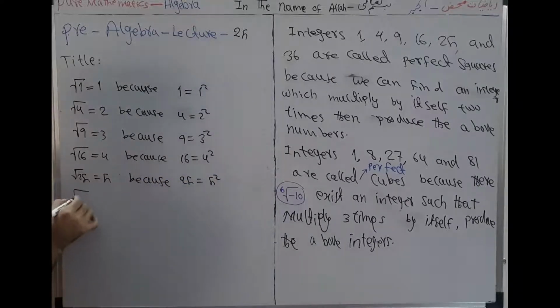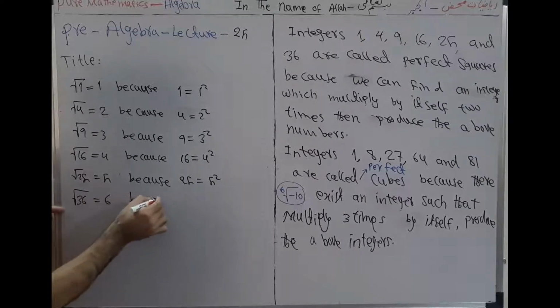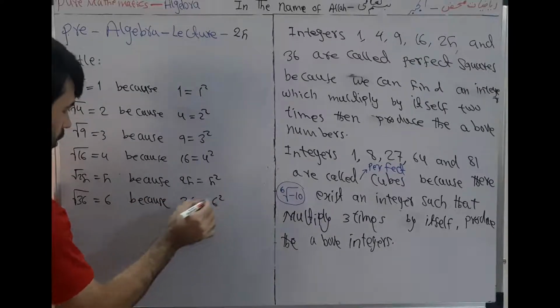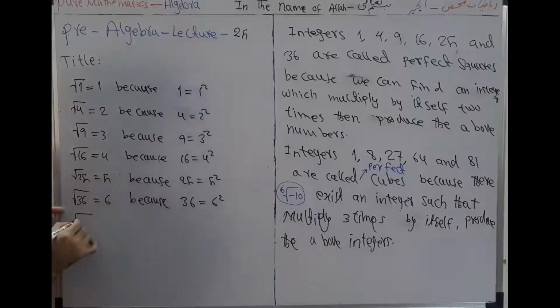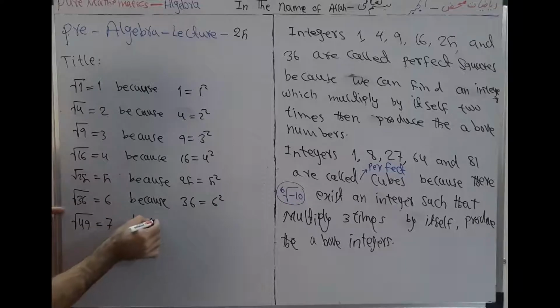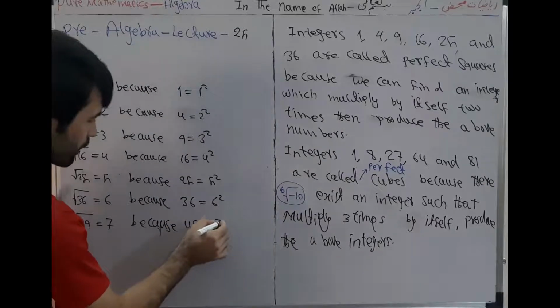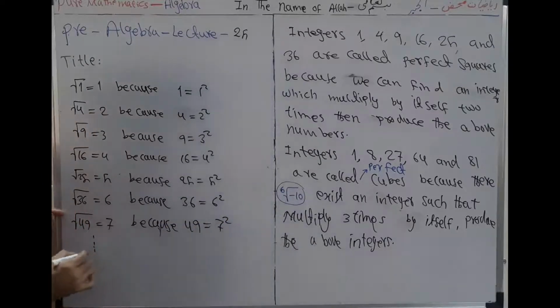The square root of 36 is equal to 6 because 36 is equal to 6 squared. The square root of 49 is equal to 7 because 49 is equal to 7 squared, and so on.